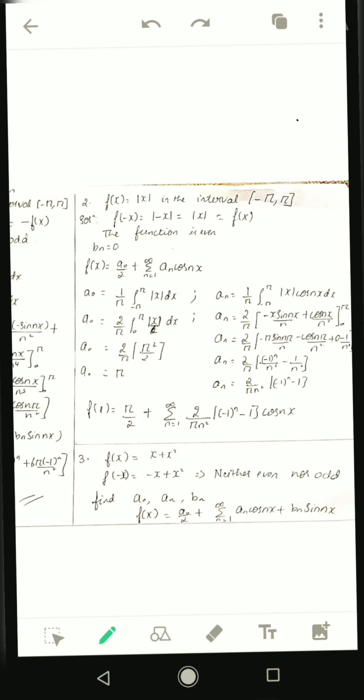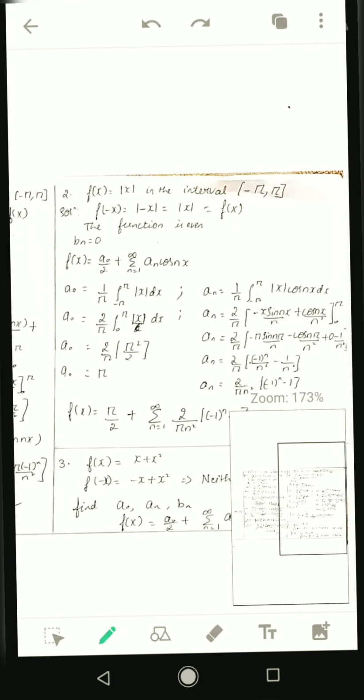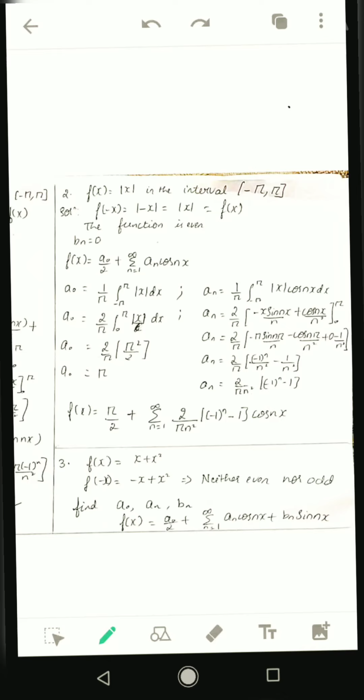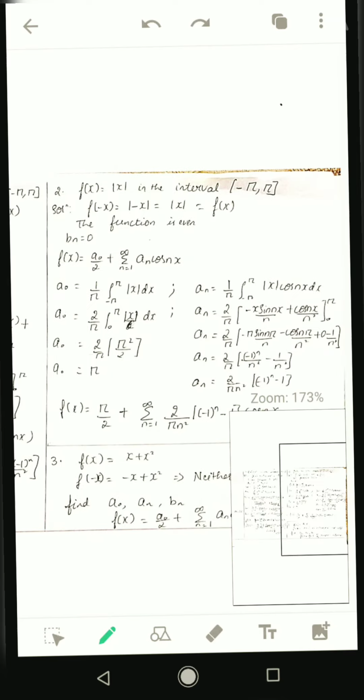And the next example. This function is f of x equals mod x. Now if you check this function, it's an even function because f of minus x is f of x. It's not changing the sign, so it's even. So what do you do in the case of even? You take bn equals 0 and find a naught and an. Here I've done the same thing.